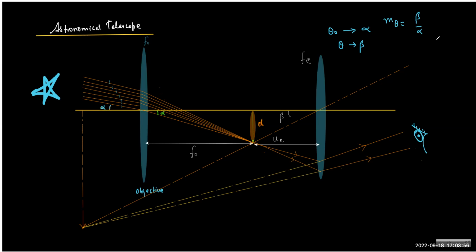I'll put a minus sign without asking anyone. Why? Because if I imagine the sun, the god, you can see the tip has inverted, right? After reflection, the tail is somewhere here and the tip is somewhere here, isn't it?